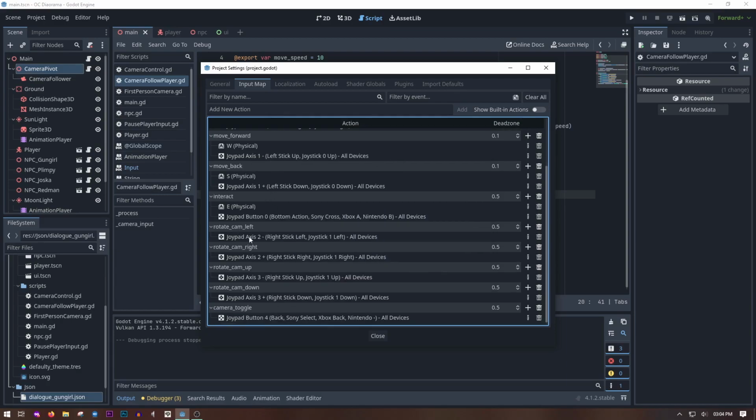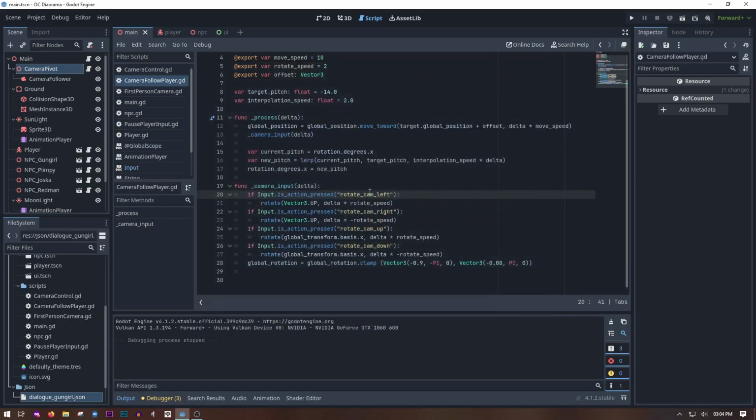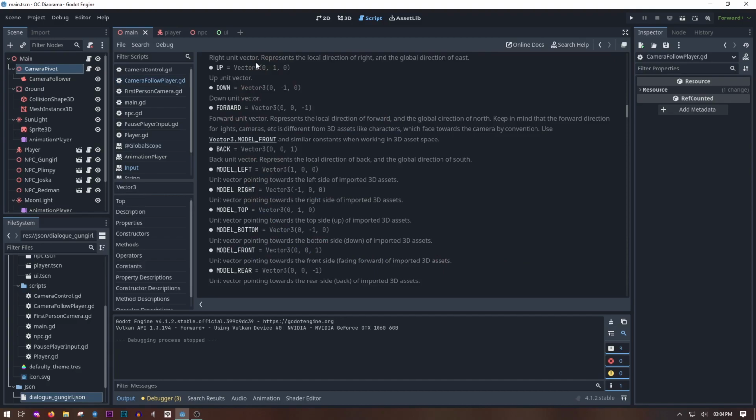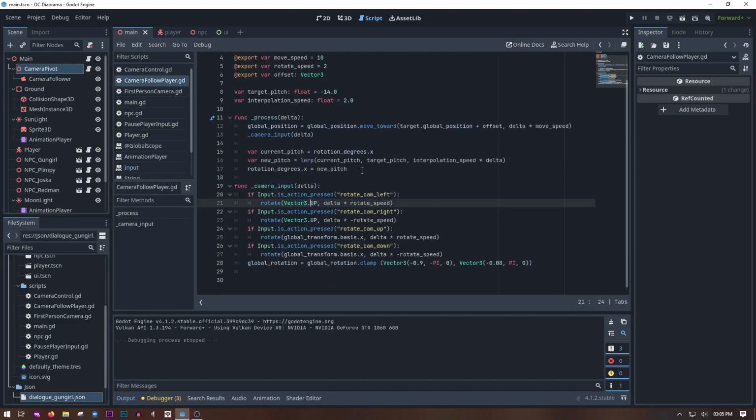And so I've got rotate cam left, right, up, down, and camera toggle for camera stuff. These are all similar. So if the input is rotate cam left, rotate the Vector3 up. Now I think Vector3 up is the middle one, meaning up, meaning the y-axis.